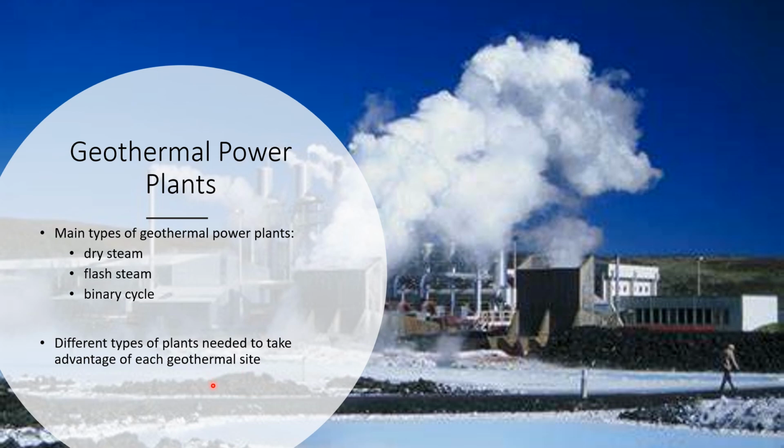It depends on the location, and also how powerful the heat is under that site, under that ground. So it depends on the amount and intensity of heat underground. You're gonna have to apply a different system.